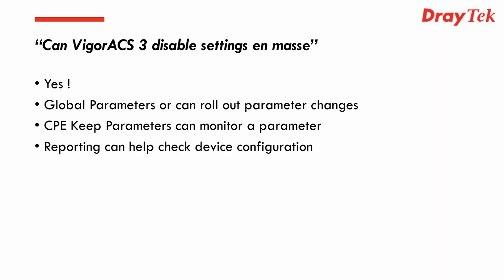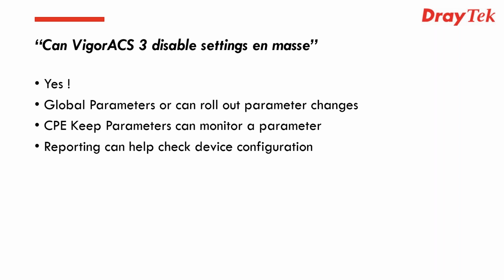Typically there will be a TR069 parameter mapped to every configuration option on the device. Now that can change with different firmware versions that are on the device. If new firmware versions come out, new features are added, there'll be a specific new entry for a TR069 parameter available, so that configuration can be modified using the Vigor ACS platform. So a really good way to manage all the DrayTek devices.